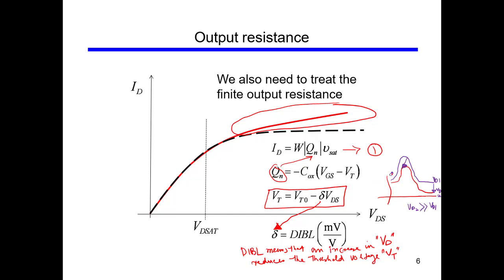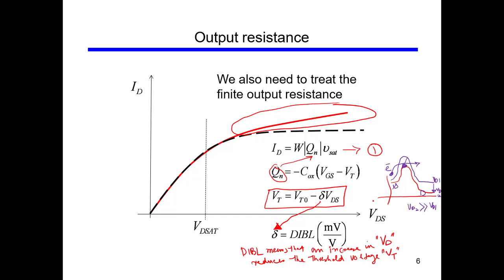So it made it easier for electrons to jump from the source to the drain side. As it has become easier for electrons to jump, the resistance has reduced.